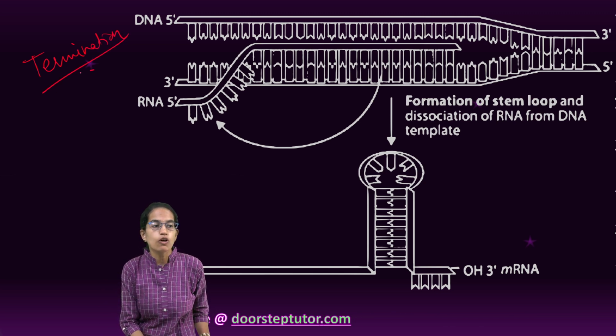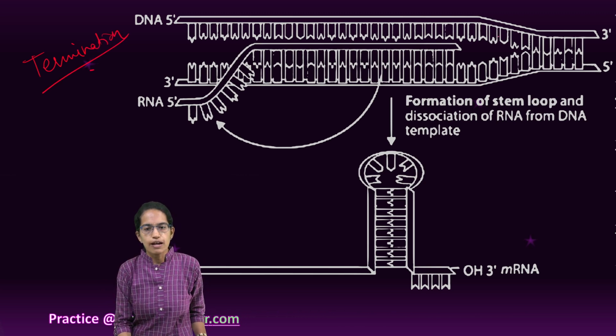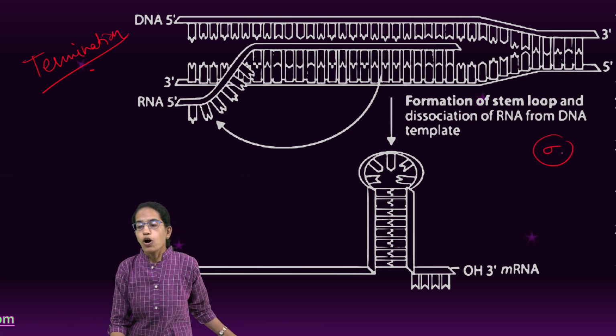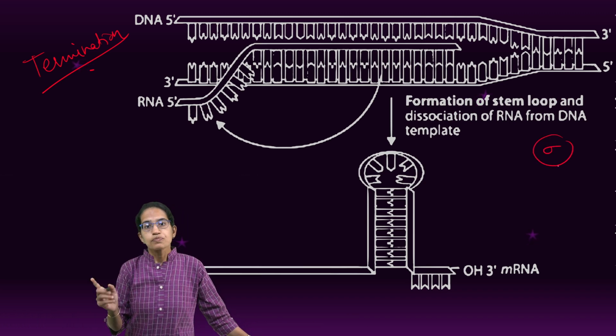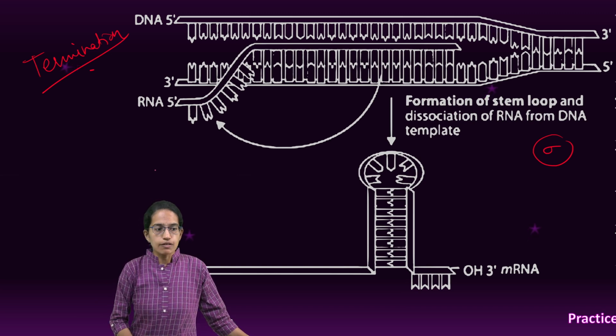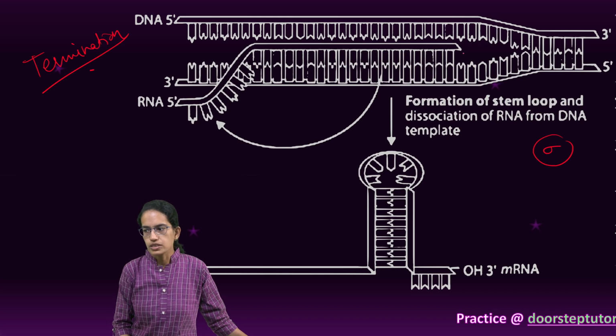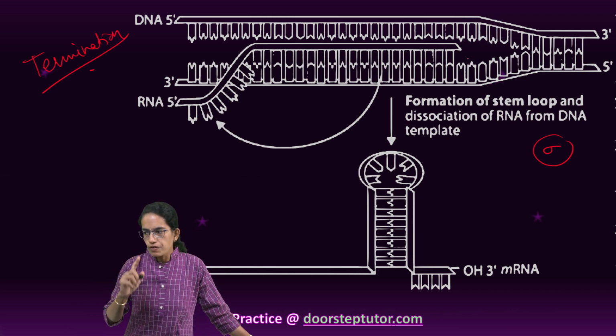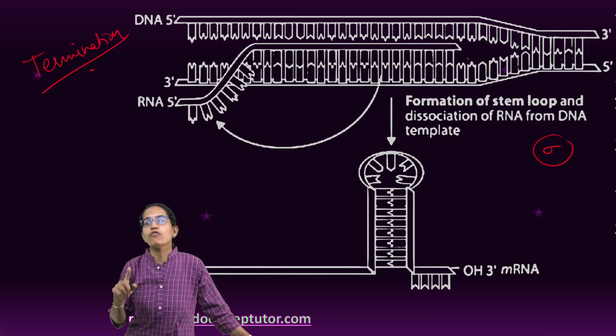The last phase in prokaryotes is the phase of termination. So here we have the termination sequence. Now, termination may or may not require the sigma factor or the rho factor. Now, mRNA would not undergo any processing and may undergo translation before completion of the transcription.